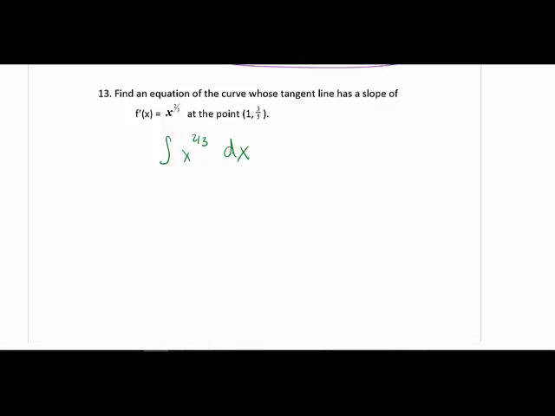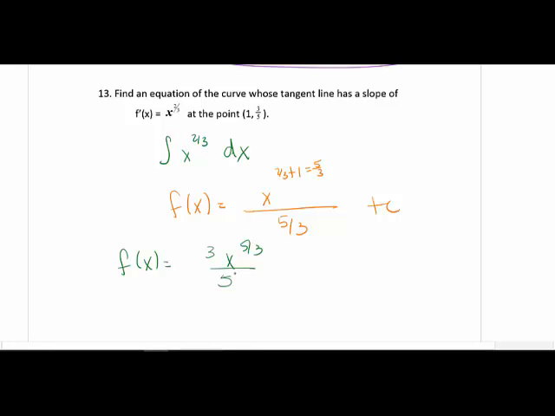So I'm going to use my power rule, which says add 1 to the exponent, so 2/3 plus 1, which gives me 5/3. And then I divide by that new exponent plus c. So I have x to the 5/3, and remember when I divide by a fraction, it basically means flip it and multiply. So that gives me actually 3/5 x to the 5/3 plus c.